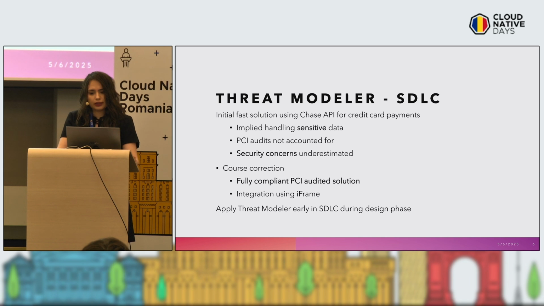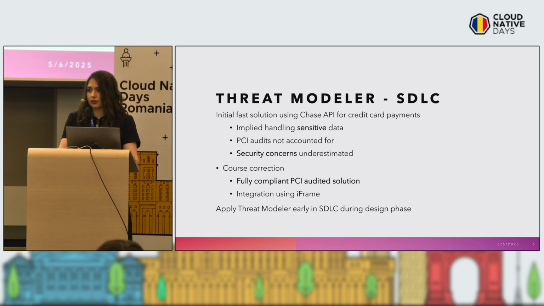And I'd like to dive into an example where Threat Modeler was useful. In a previous project, we had a business requirement to implement credit card payments, and we chose Chase as a vendor.